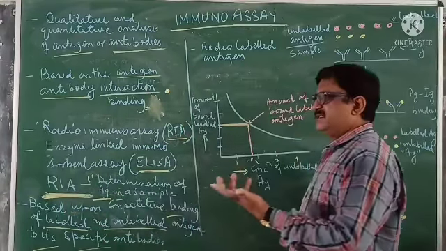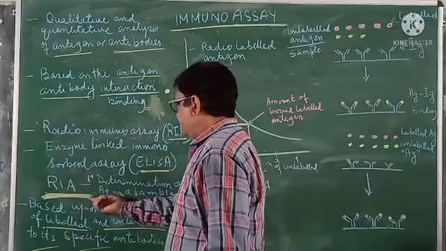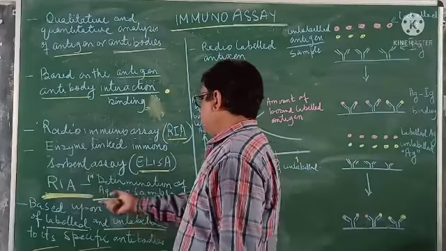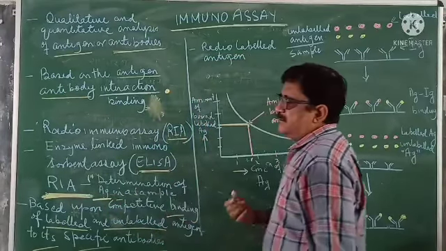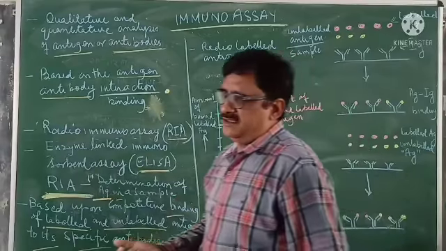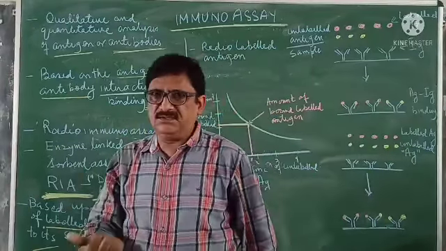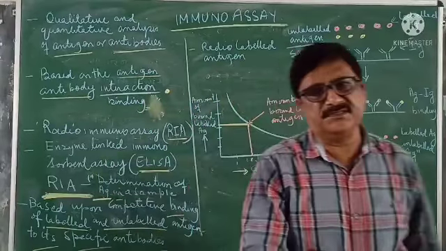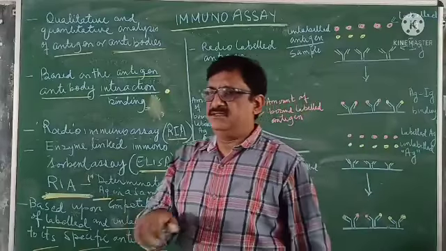The RIA is specifically used to determine the presence, both qualitatively and quantitatively, of an antigen in a sample. That means what type of antigen is present or how much of that antigen is present in that sample.